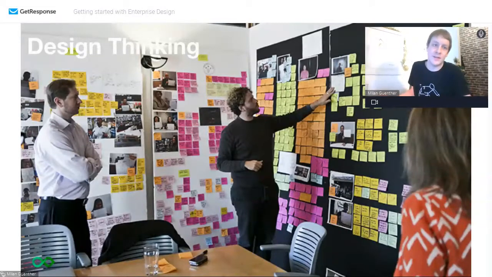I would say actually that system thinking and design thinking are core ingredients of doing enterprise design. However, there is a certain distinction, and this has to do with the adoption of design thinking these days in enterprises.